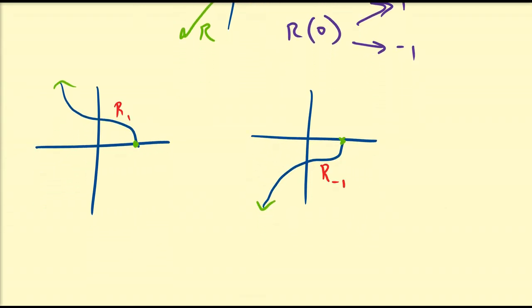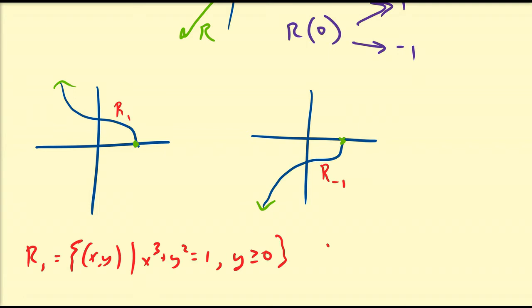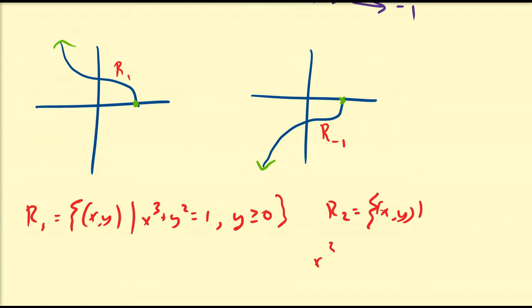So how do we define these things? So R1 is the set of all points x, y, such that x cubed plus y squared is equal to 1, and y is greater than or equal to 0, and R2 similar, right? So it's a set of all x comma y such that x cubed plus y squared is equal to 1, and y less than or equal to 0. Right, so both of these are functions.